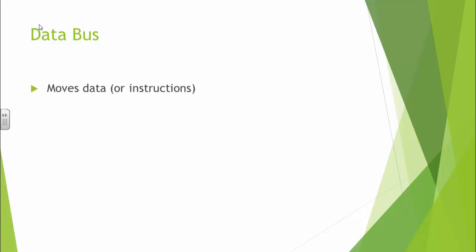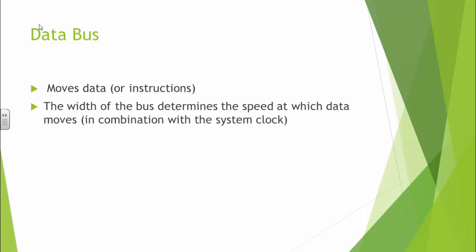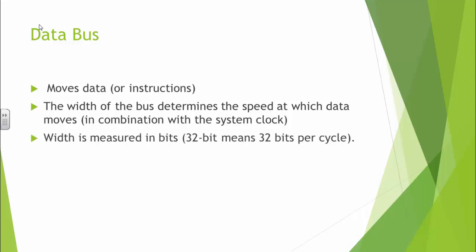So the data bus, go figure, moves data, and instructions can be lumped inside this data box. The width of the bus determines the speed at which data moves. So the number of wires that make up the bus determines how much data can move in a given clock tick.